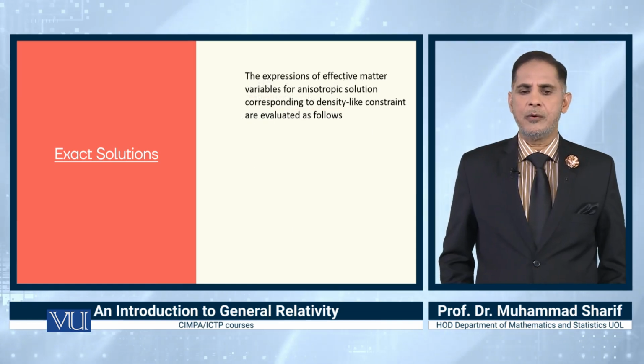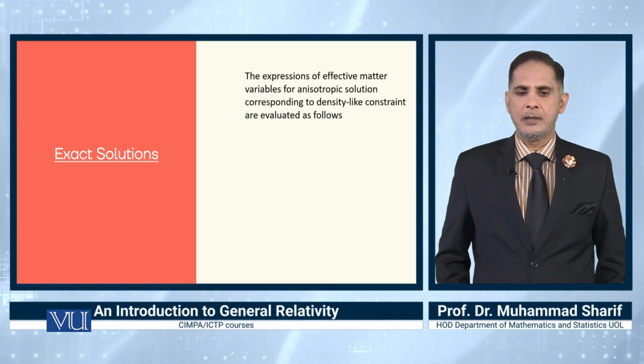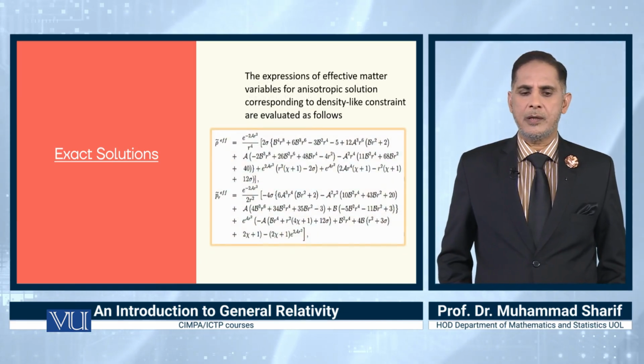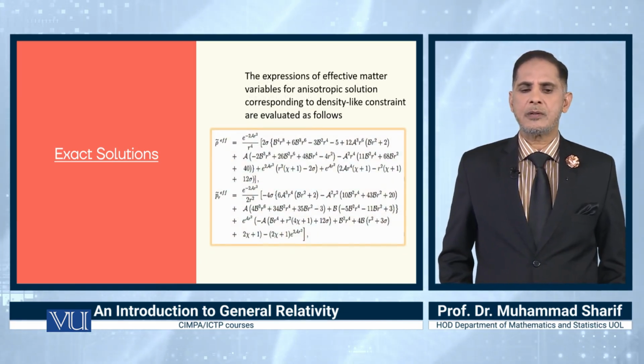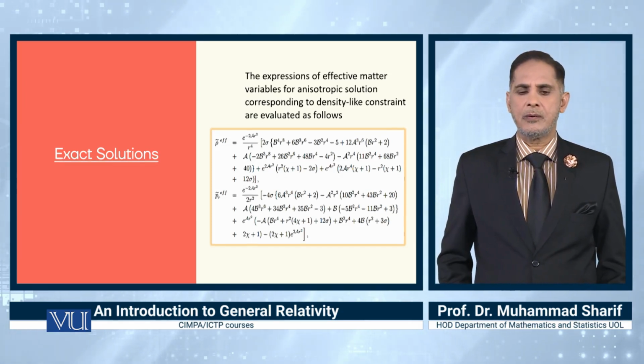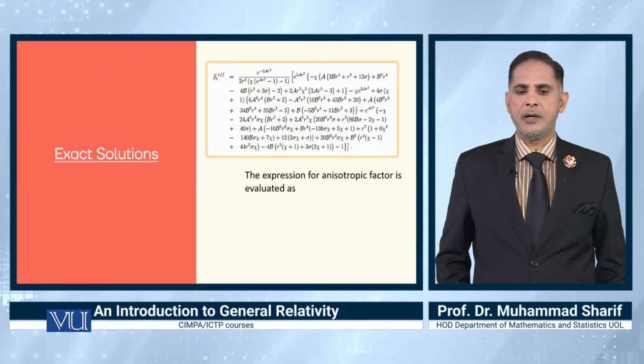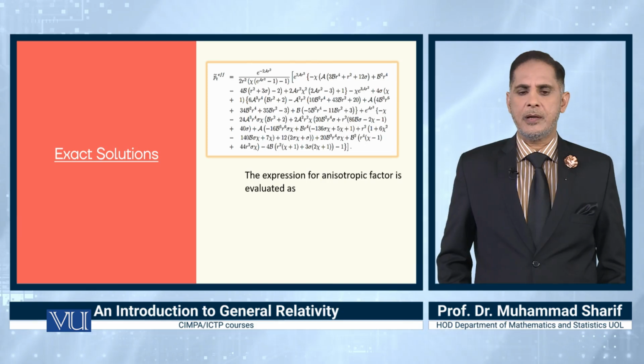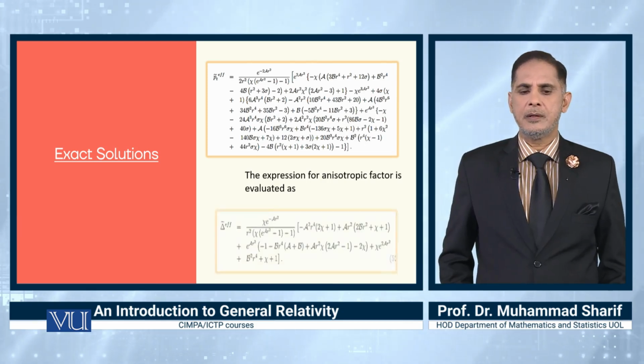So, now we can finally calculate the effective matter variables. You can see these expressions are much complicated and do not provide any insight unless we take their graphical view. So, this is the complete solution, and the expression for the anisotropic factor is the following.